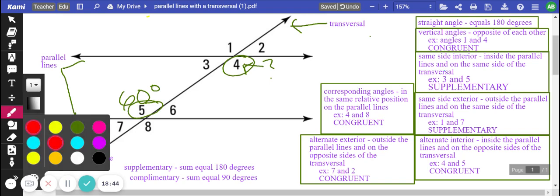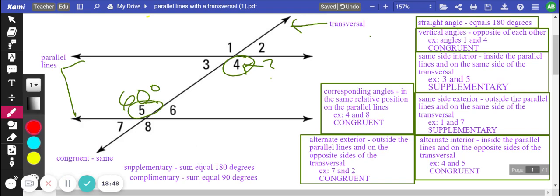That must mean that they are going to be alternate interior angles, and they are congruent. So that means angle 4 must also be 60 degrees.